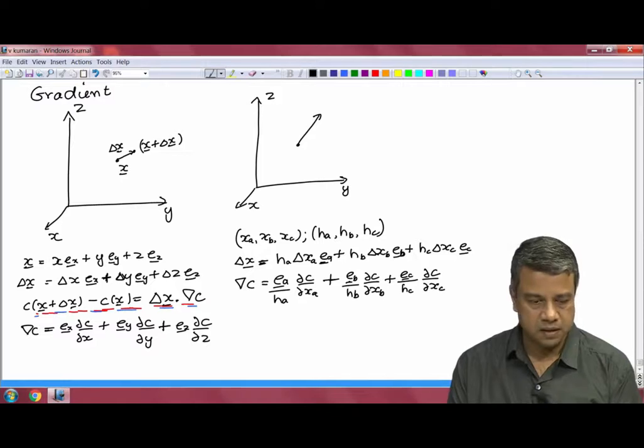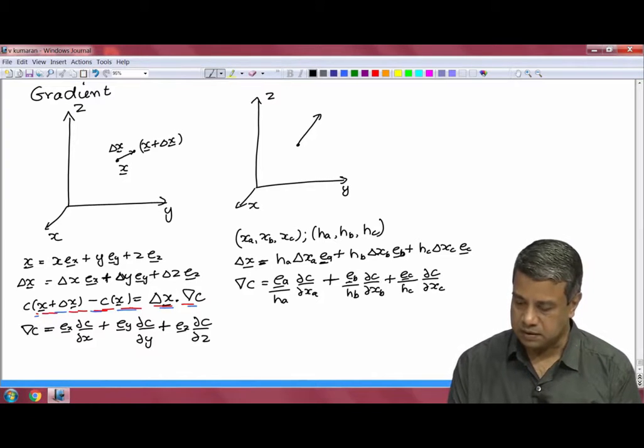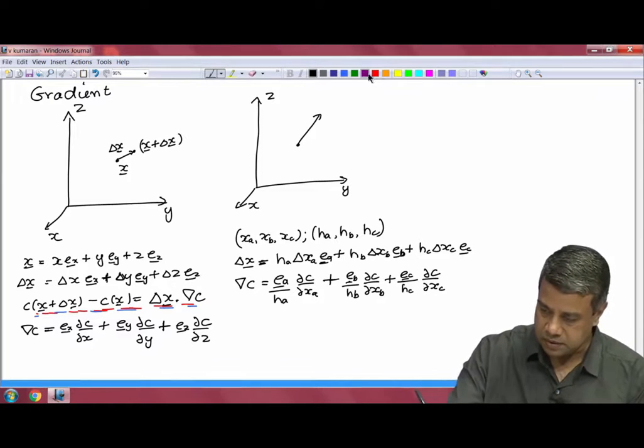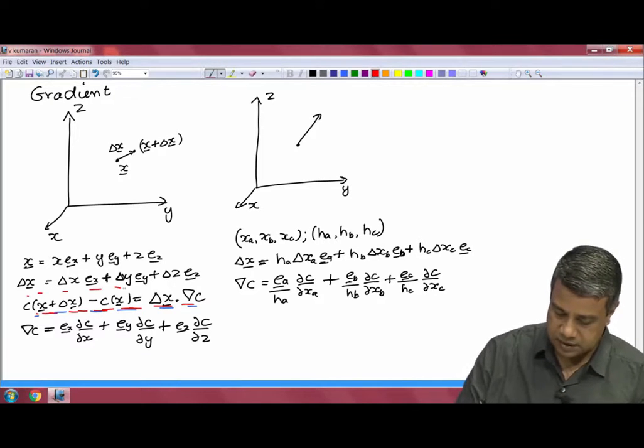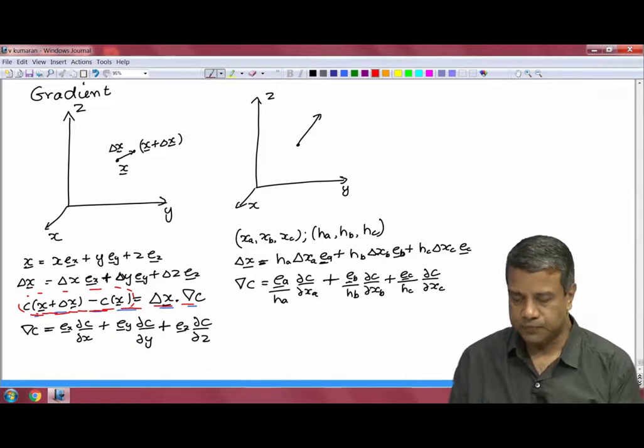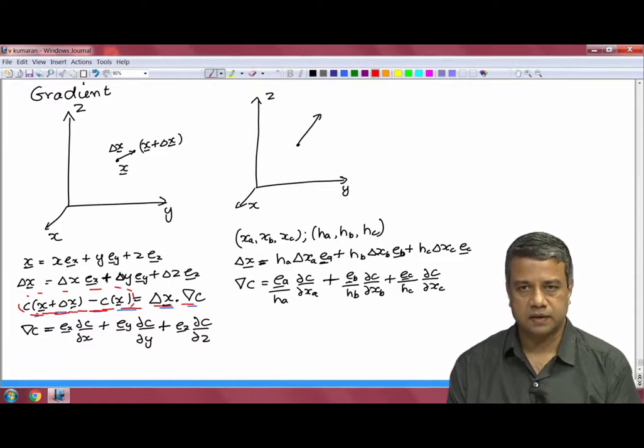And if E A, E B and E C are orthogonal, you can easily verify that grad c dotted with delta x will be equal to the difference in concentration at the locations x and x plus delta x. So that is the definition of the gradient for a curvilinear coordinate system.